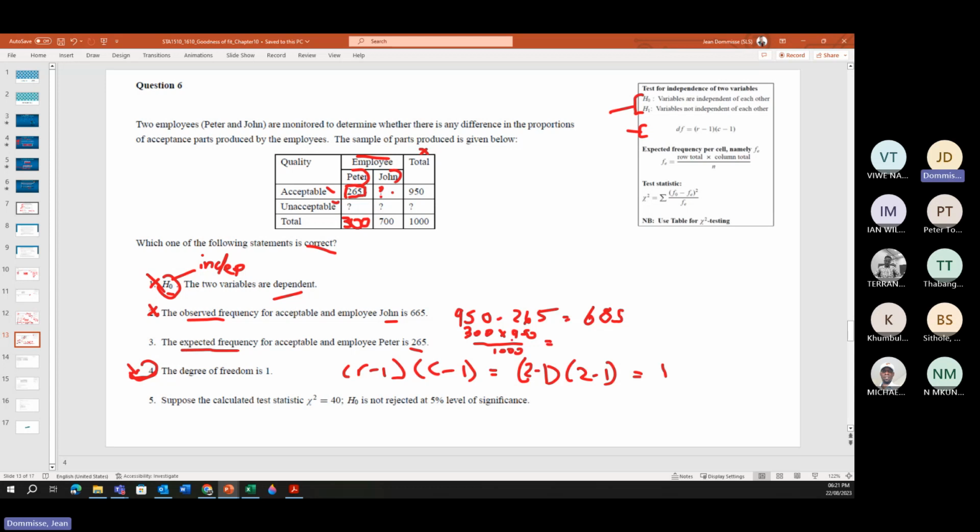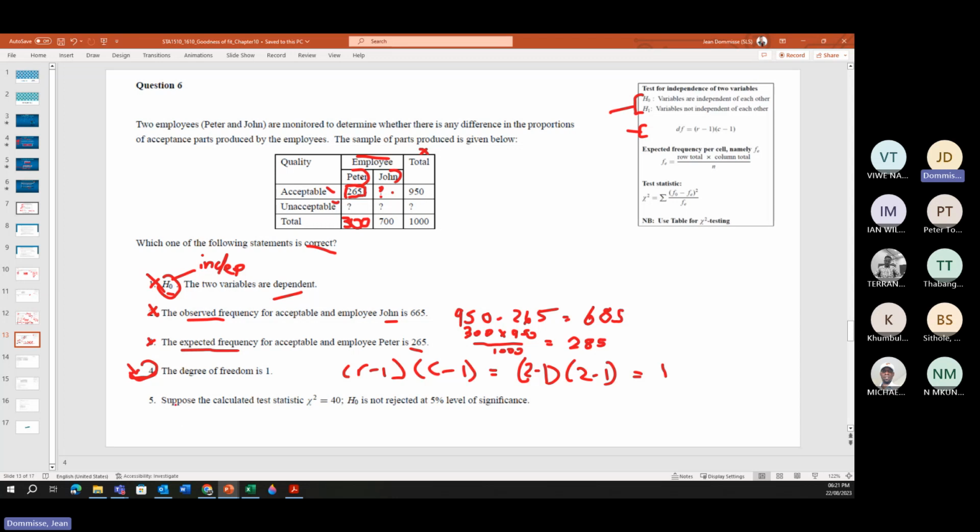So let's see what that answer is. So 300 times 950 divided by 1000 is 285. Okay, so the expected value of that would have been 285. So that one is also wrong.